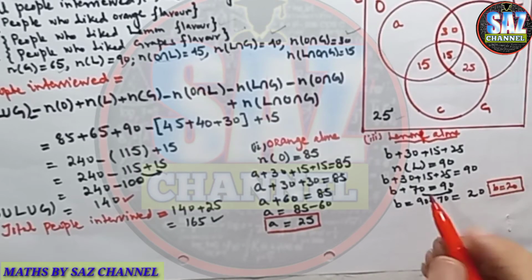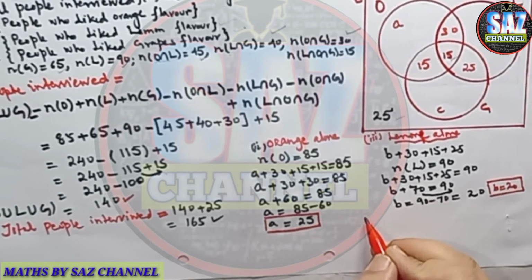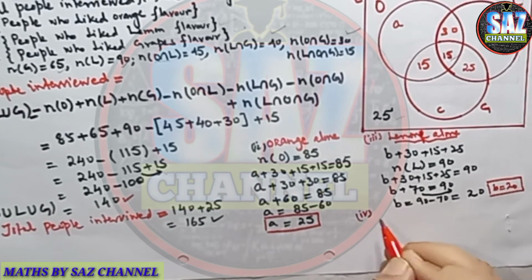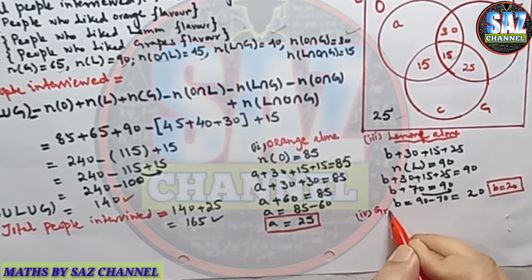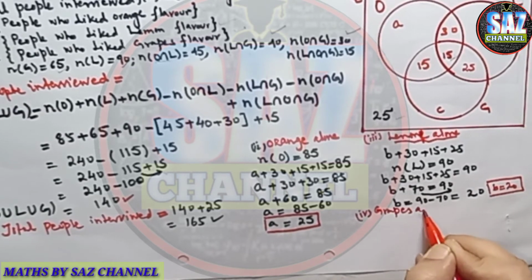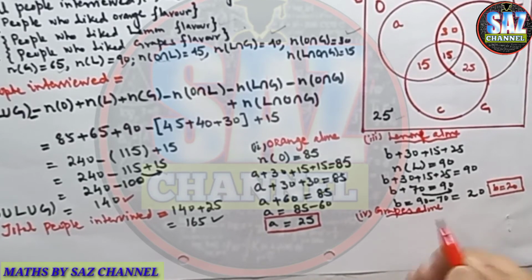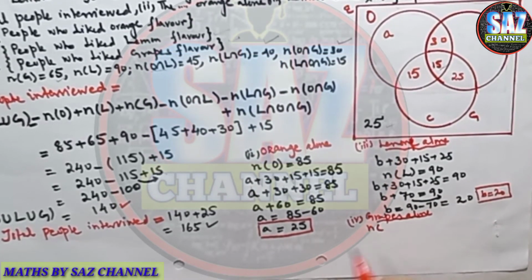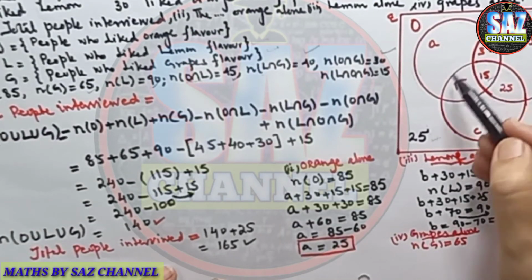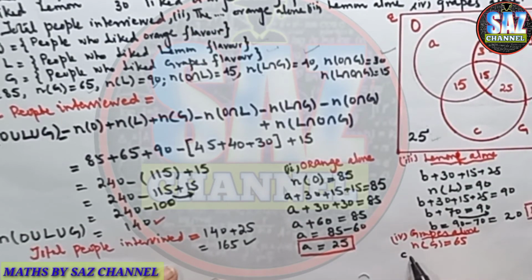And the third part is who like grapes alone. The next part is people who like grapes alone. Total people for the grapes is 65. So C plus 15 plus 15, 30 plus 25 equal to 65.